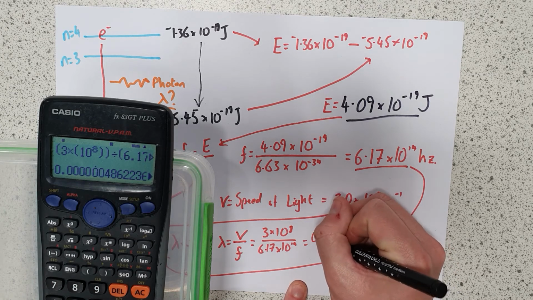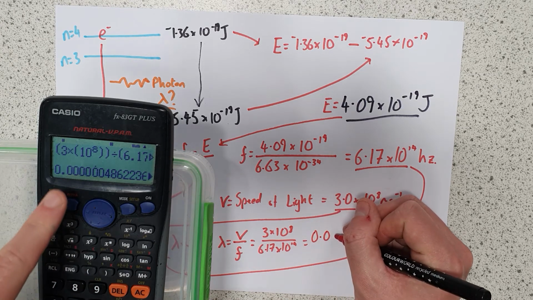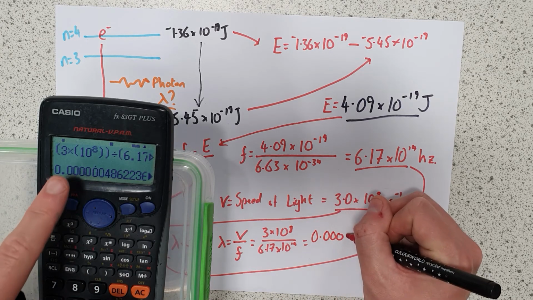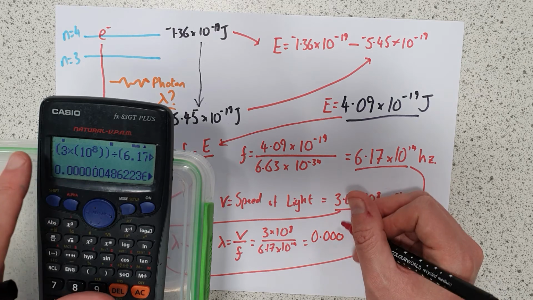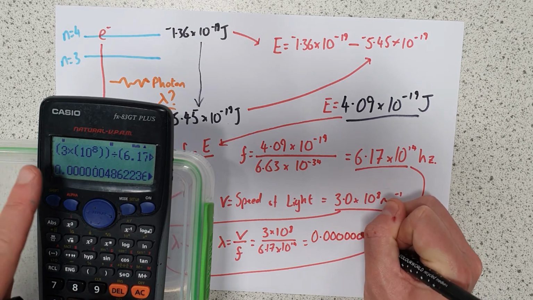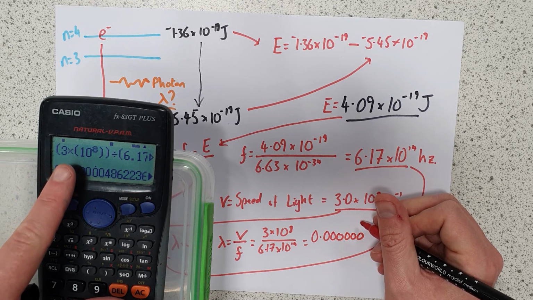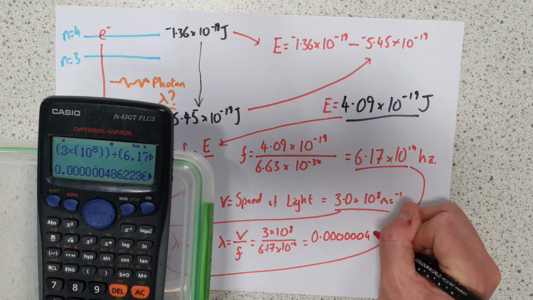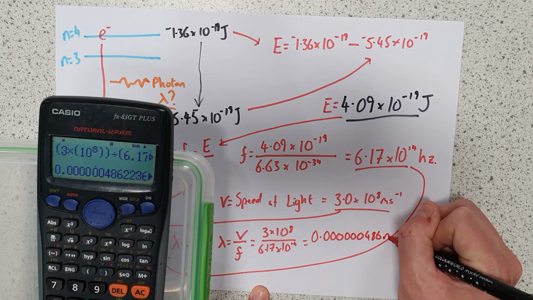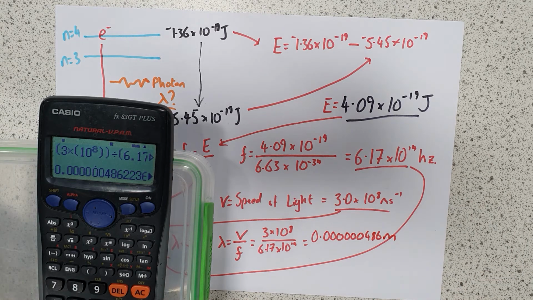So this is 0.00000048 meters, roughly 0.0033486.